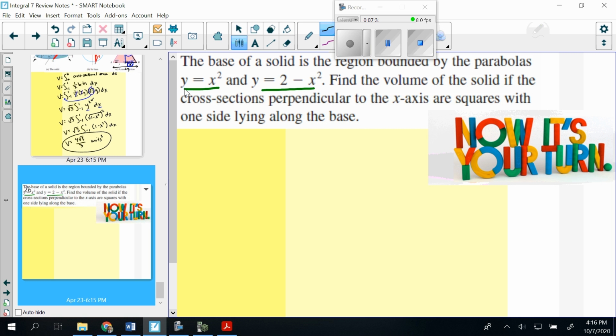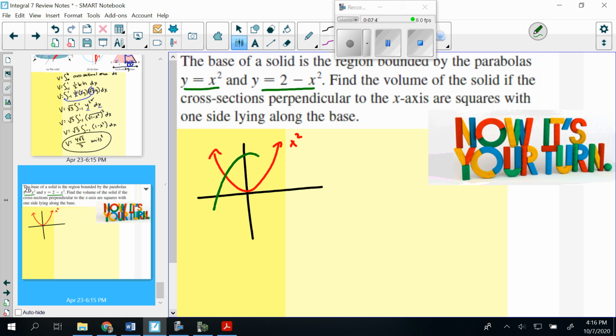All right, hopefully you've had time to look at this graph. You should have gotten a picture that looks something like this. Here's what the graph of y equals x squared looks like. The other one, 2 minus x squared, is also a parabola that goes through 2 here, so that one looks like that. We're dealing with this as the bottom of our graph.